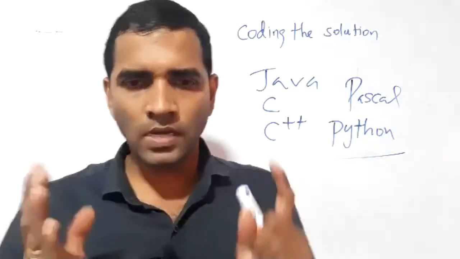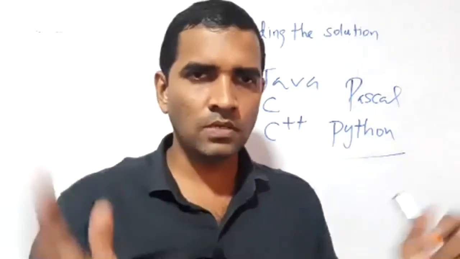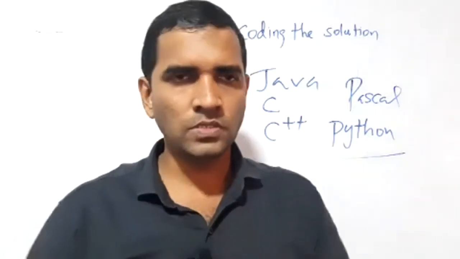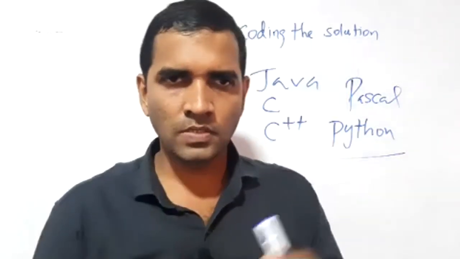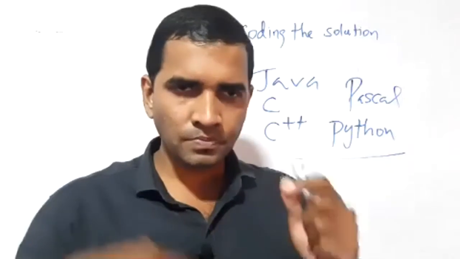Okay, so once the coding the solution phase is over, I can say that the system is completely developed, because you already designed the databases and everything. So now you spend time in writing the coding. So once the instructions are written, it means the software is ready.